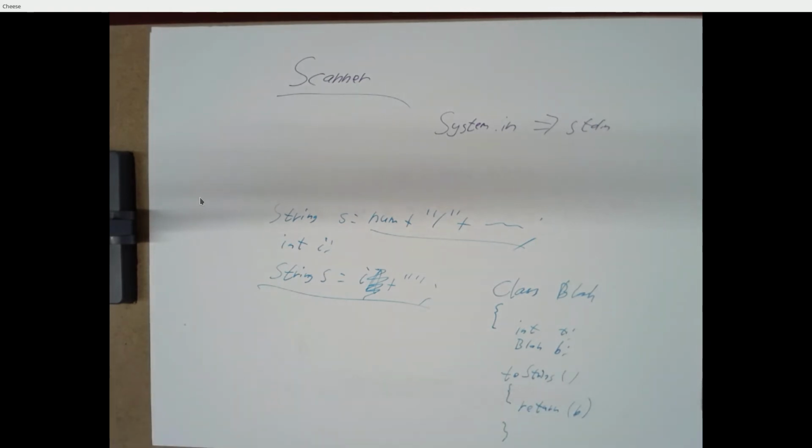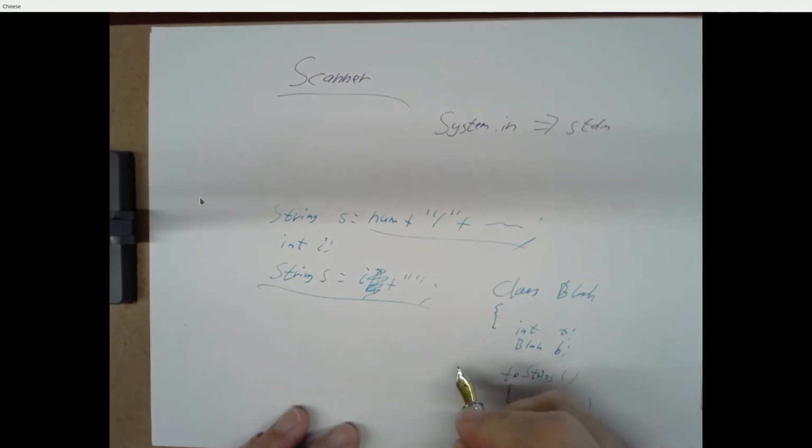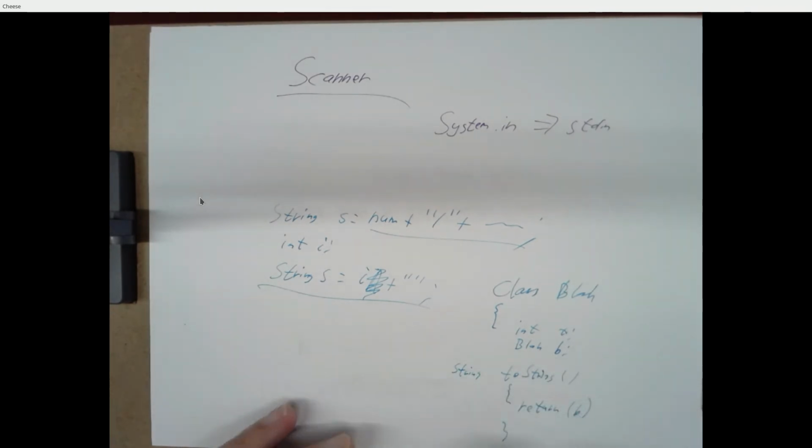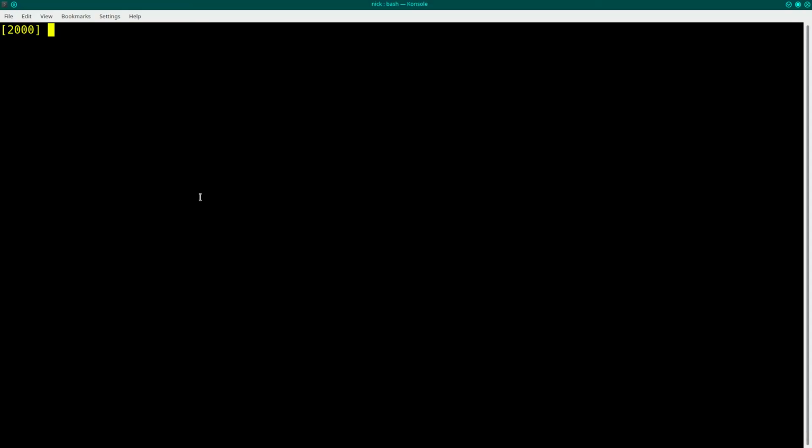I think the compiler will probably let it slide. Wouldn't that complain because you have to specify what toString is returning? Yeah, it's got to be a string. But then when it has b in there, wouldn't it try to convert that? I think it'll try to convert that by calling the toString method of blah. But that has its own b. Right. I don't know, give it a try. If we see smoke coming out from the side of the room, we'll know what happened.